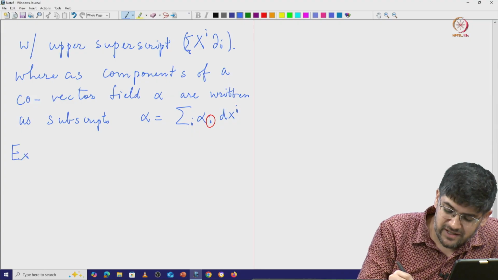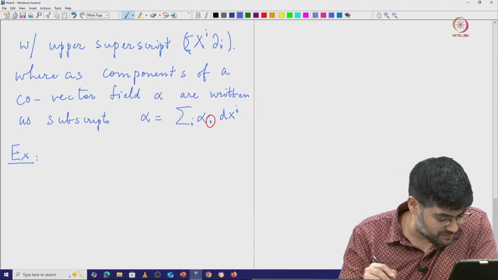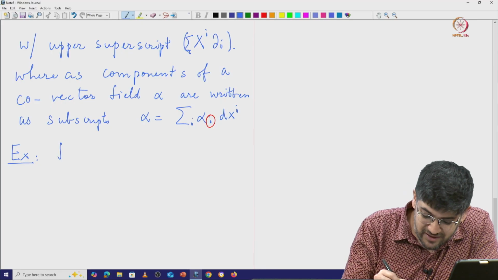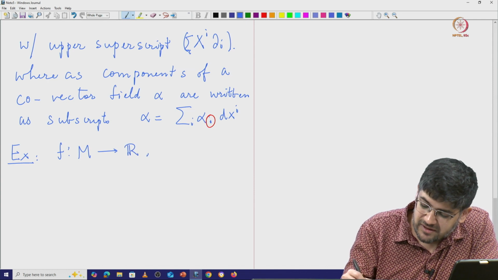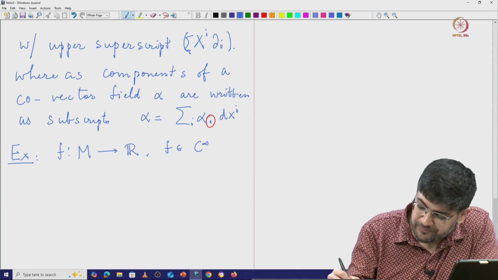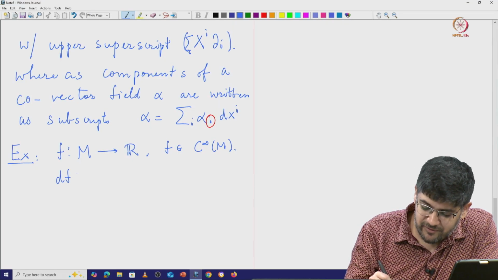So essentially the simplest sort of non-trivial example of a covector field is given by the following. Suppose you have a smooth function f on R^n. Then one can look at its derivative map.